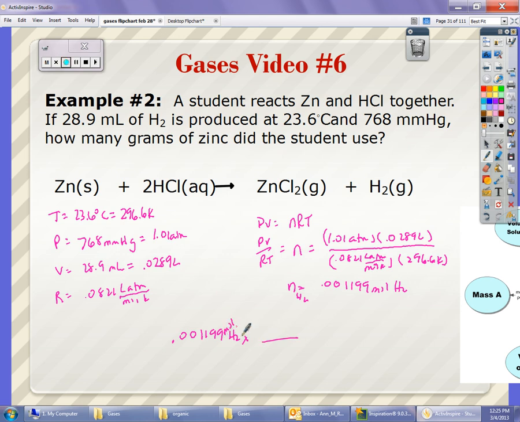The mole of hydrogen comes down. I want that to cancel. Moles of zinc goes on the top, it is a 1 to 1. Then moles of zinc comes down. Mass of zinc goes on the top. This is from the periodic table of 65.41 grams per mole. Multiply across the top, divide the bottom, 0.0784 grams zinc as my final answer.